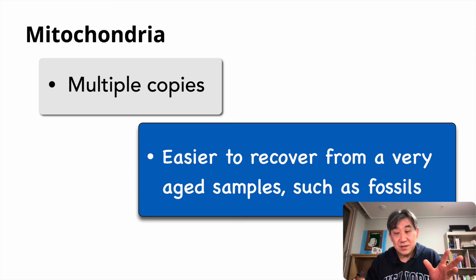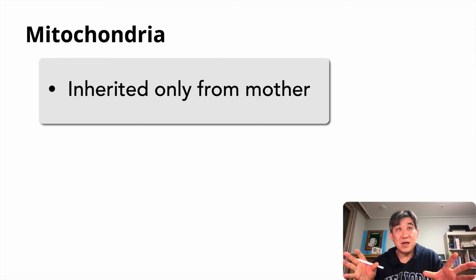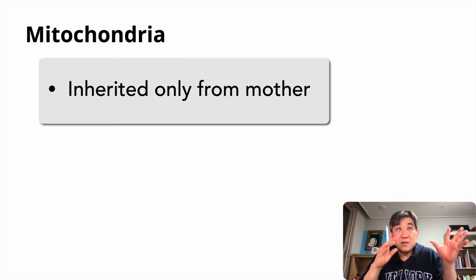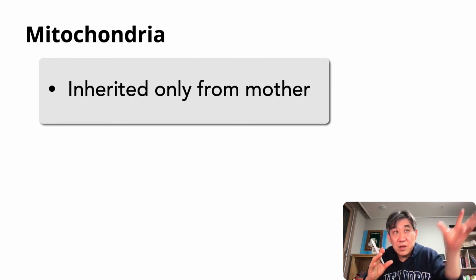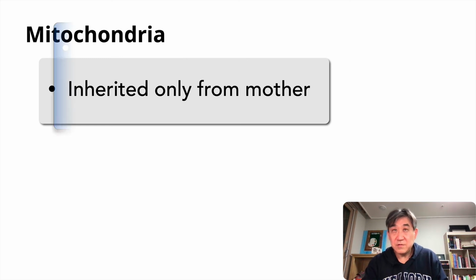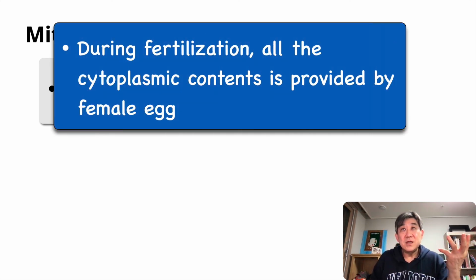Another thing is that mitochondrial DNA, as I have mentioned, is inherited only from mother to children. The origin is always female, so the maternal lineage can be easily traced.